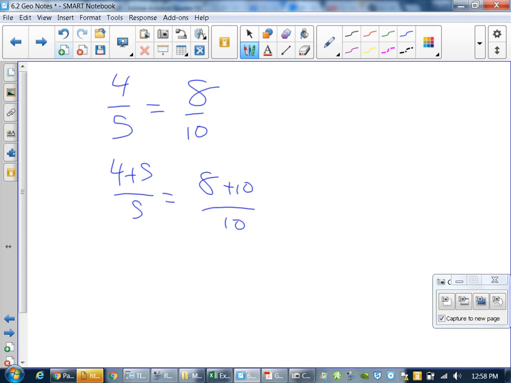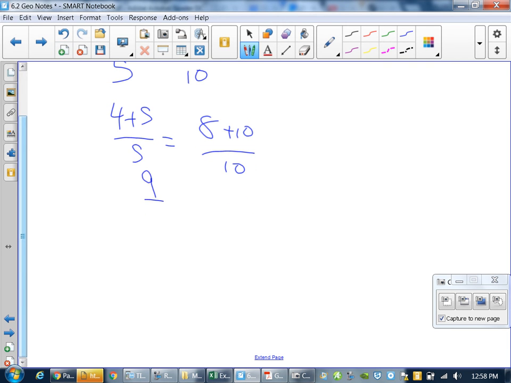What's 4 and 5? 8 and 10? That's all you're doing, but not showing that step. They're trying to get you to think that's what happened just by reading. You're trying to decipher what happened.